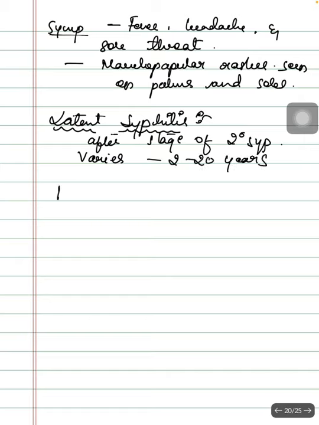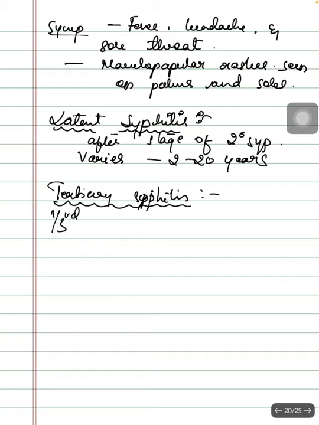Next, coming to tertiary syphilis. About one third of untreated patients progress from the latent stage to tertiary syphilis.